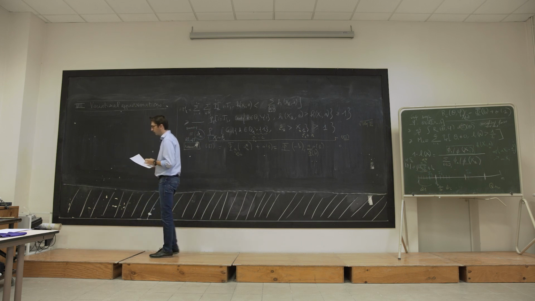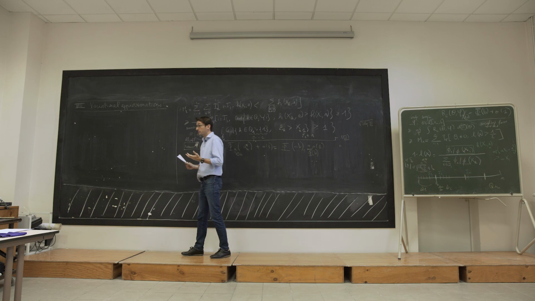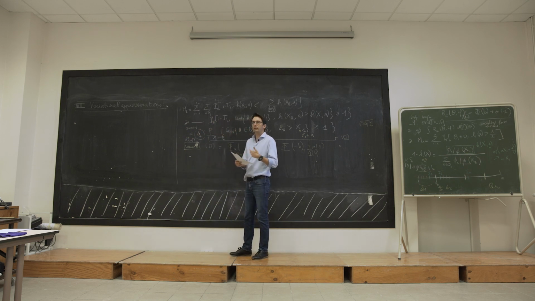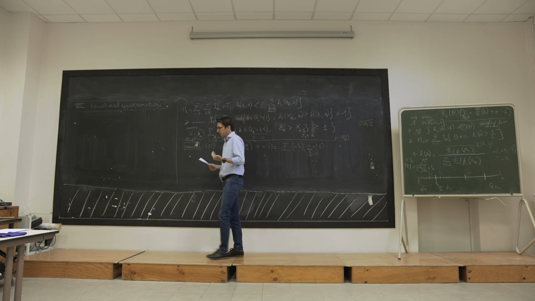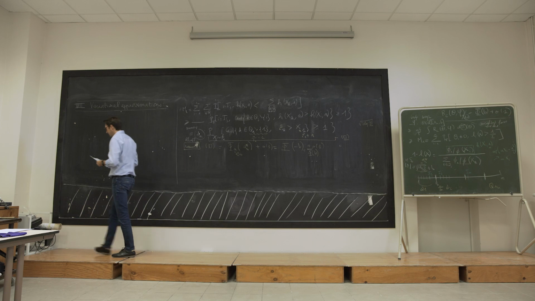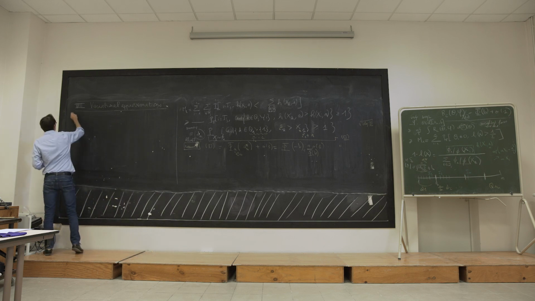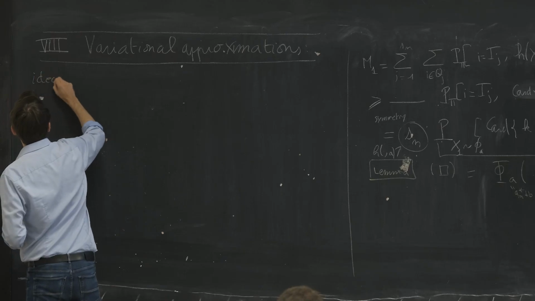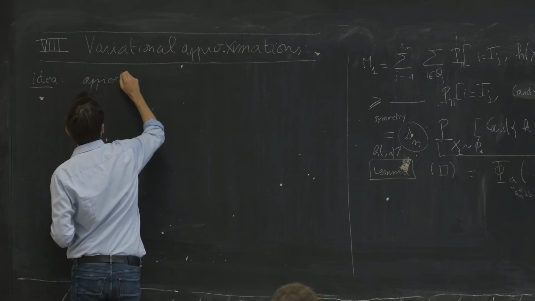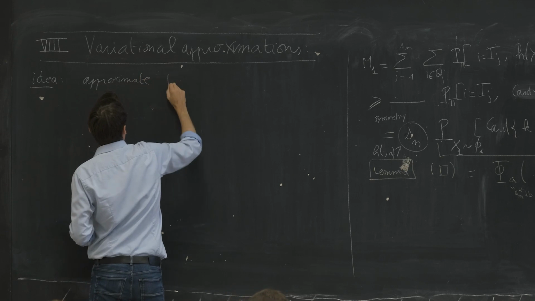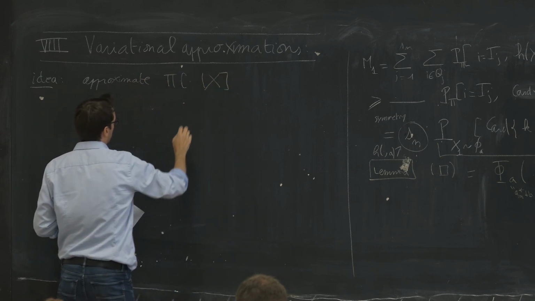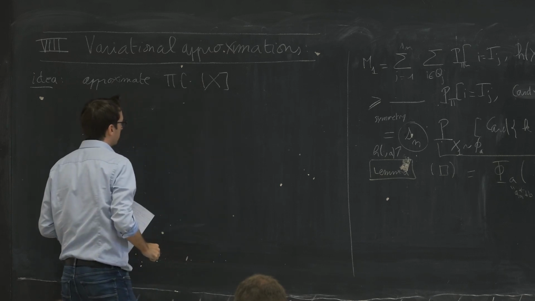The model is very complex, and MCMC methods may have trouble scaling with the dimension. So in those types of settings, it's very popular to use a variational method. So what is the idea? The idea is to approximate your target, which is the posterior distribution.